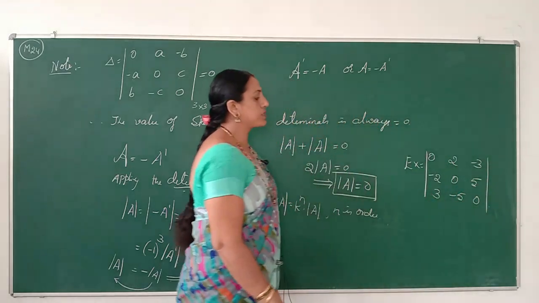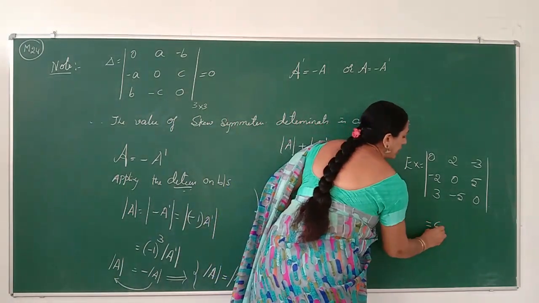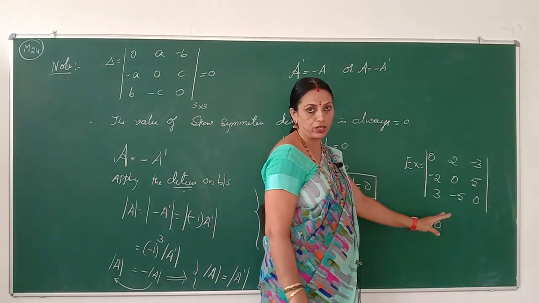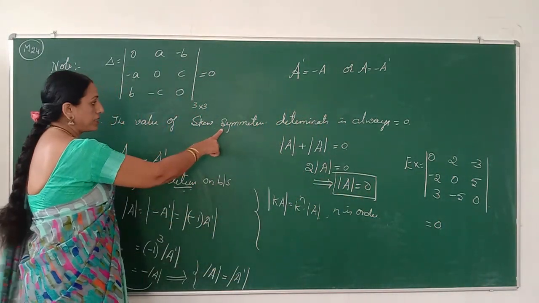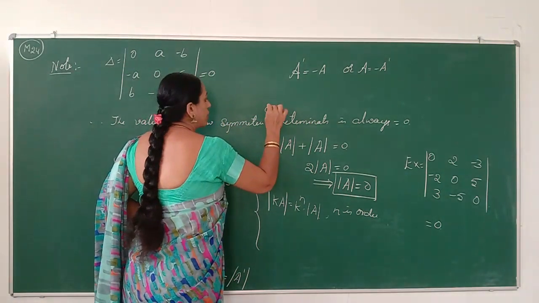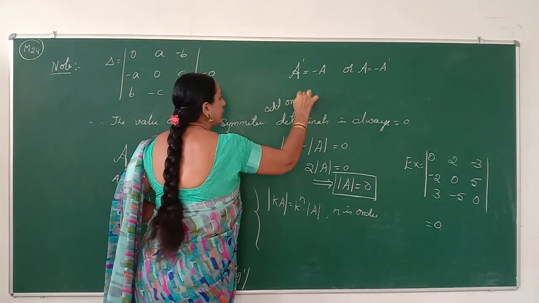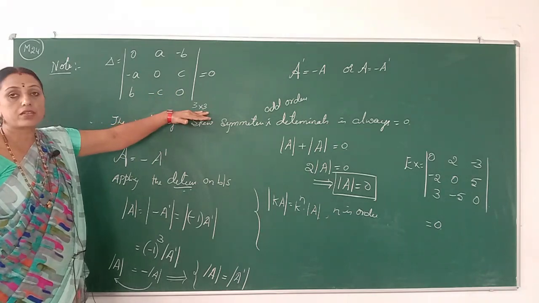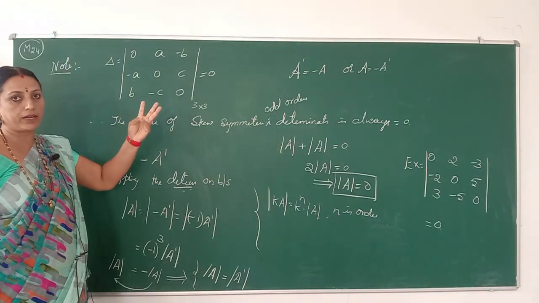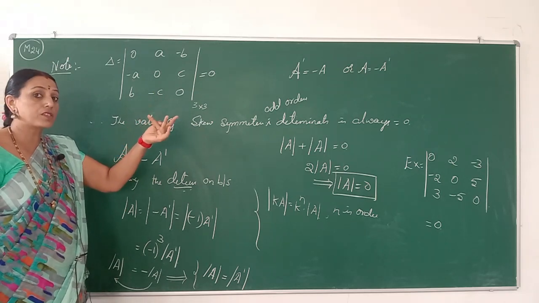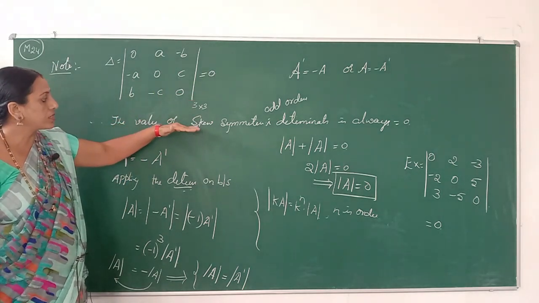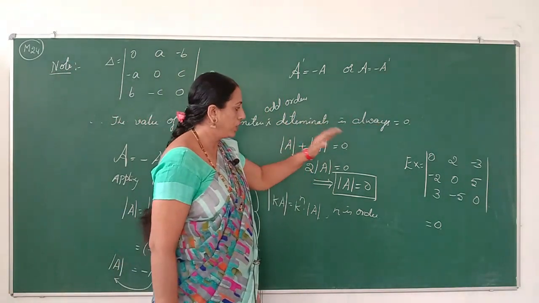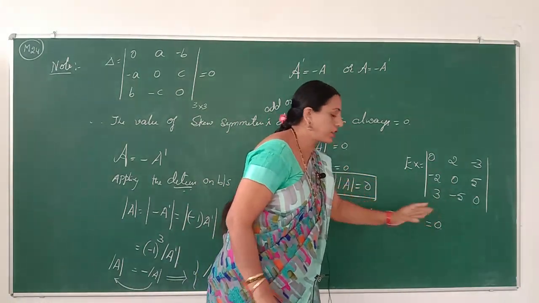For these types of problems, the determinant value is always nothing but 0, because it is a skew symmetric matrix. So the value for that example is also 0.